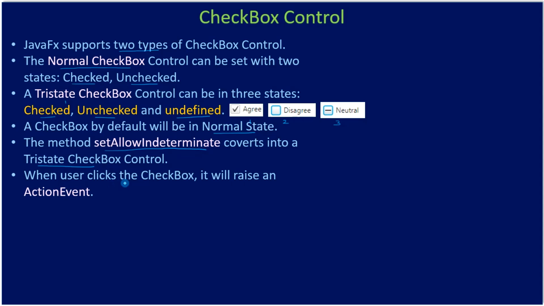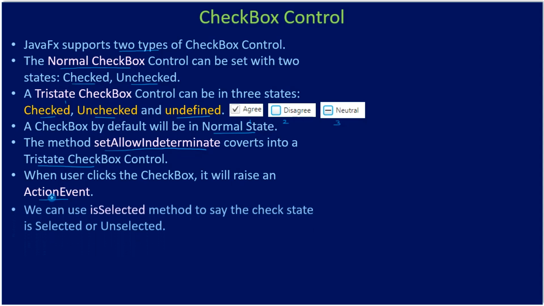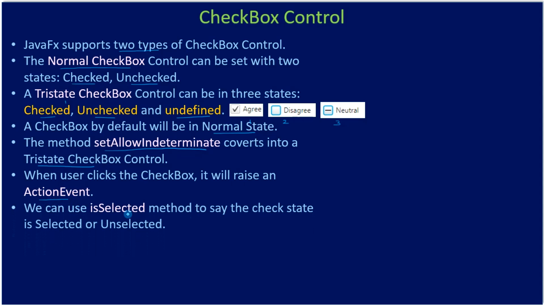converts the normal checkbox into a tri-state checkbox. When the user clicks the checkbox, it will raise an action event, just like how the radio button worked previously. The same way you can handle the checkbox also. We can use the isSelected method to say whether the check state is selected or unselected.